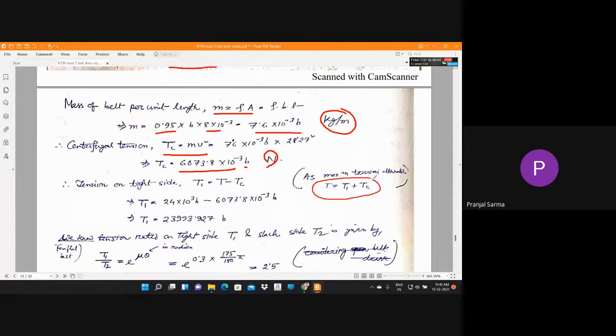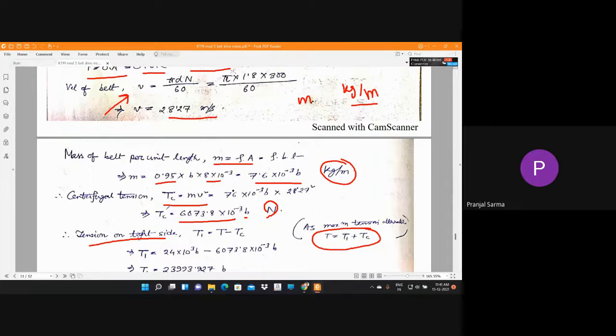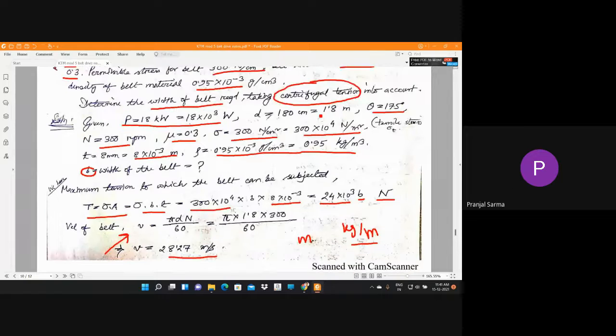Okay, now we know that maximum tension, if we consider the centrifugal tension, is given by T equal to T1 plus Tc, where T1 is nothing but the tension in the tight side, Tc is the centrifugal tension. So from there we'll be able to write down tension on tight side, that is T1 equal to T minus Tc. So T, we already have the maximum tension given, to which it can be subjected to. So T, I think somewhere it is given. Let's see.